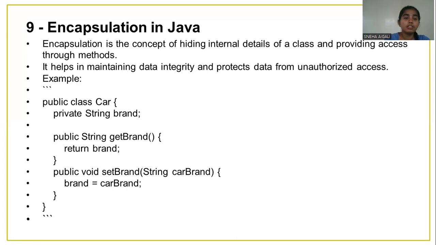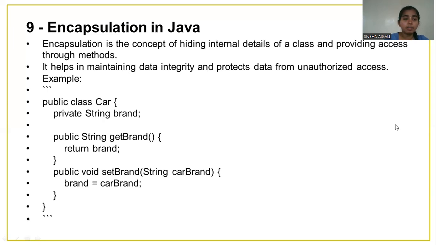Next up is encapsulation in Java. What is encapsulation? Encapsulation is the concept of hiding the internal details of the class while providing access through methods. That is, the internal details are hidden from the user, whereas the necessary part is provided to the user. It helps in maintaining data integrity and protects data from unauthorized access.